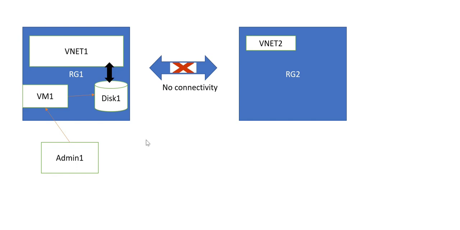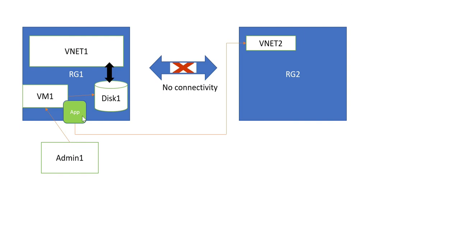Then he deploys an application on VM1. The question says we want to move this app to VNet 2 with very little administrative effort.